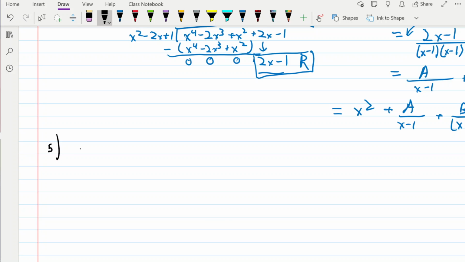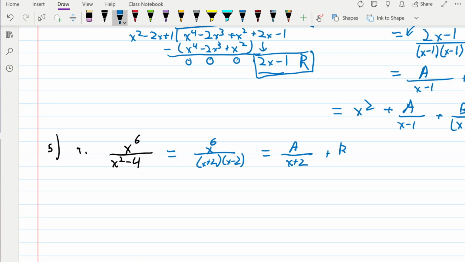All right, so for part 5a, we got x to the 6th power over x squared minus 4. So we can factor out on the bottom. So x to the 6th over x plus 2 times x minus 2. And then we'll get that equal to a over x plus 2 plus b over x minus 2.